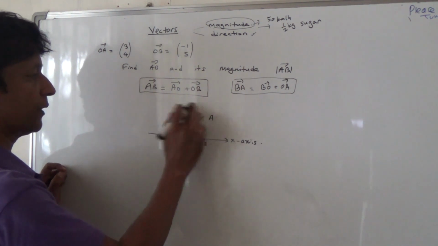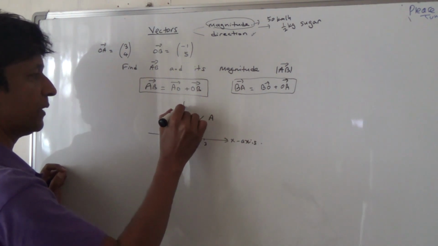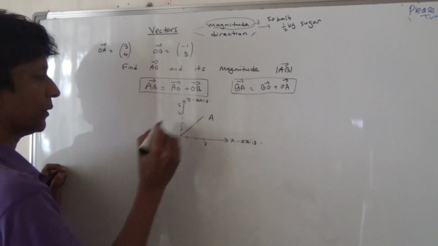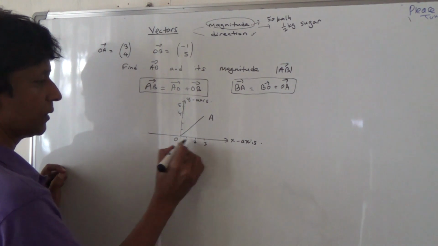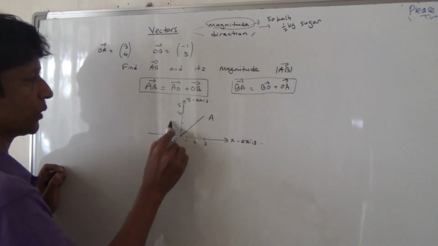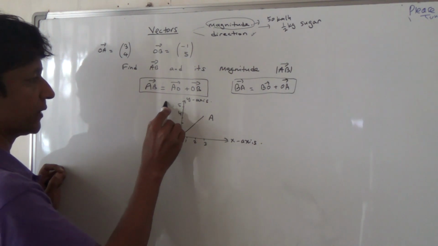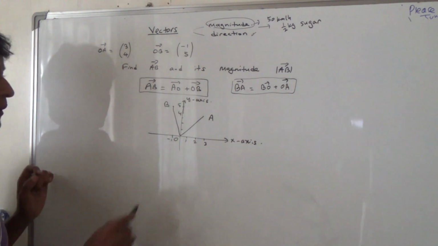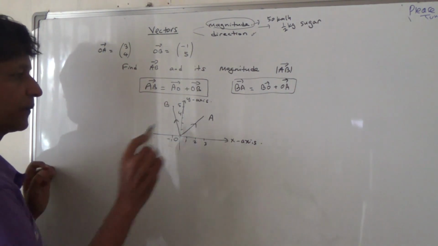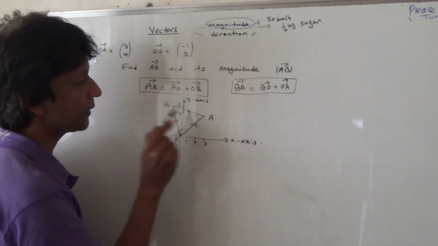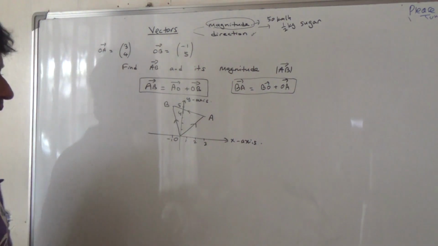Now you have the vector OB, at -1 and 5. So -1, 5, the vector is sitting here. Here are the two vectors, and from here you want to find the vector AB.